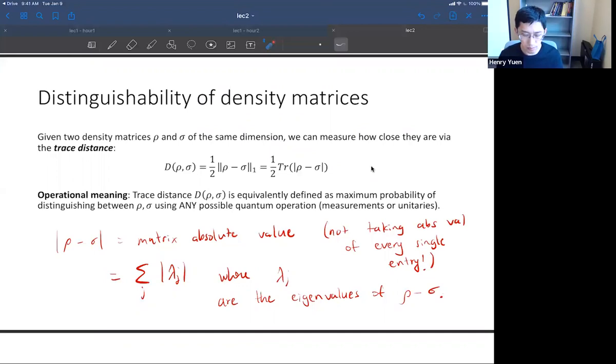It turns out that there's a variational expression for the trace norm, where you maximize over the trace of the difference of the two density matrices with some operator that has spectral norm at most 1. Okay. I mean, this is some theorem in functional analysis, but you use that to get this operational interpretation.